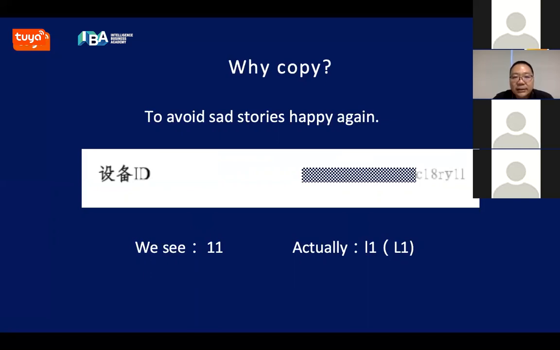These device IDs are not designed to be written down. They are designed to be copied and pasted. So if you need us to investigate some problems on your device, give us the device ID. Copy the device ID to us so we can identify what's going on with this device.